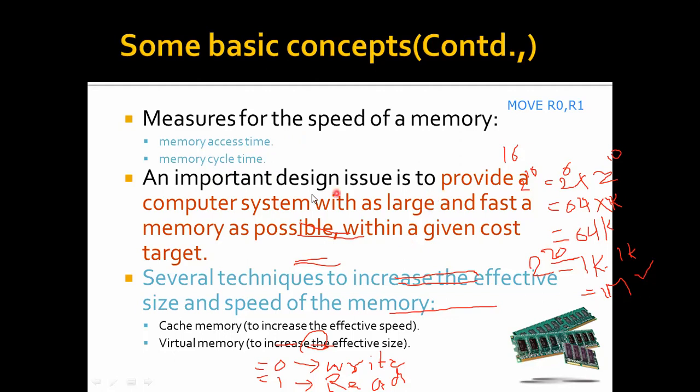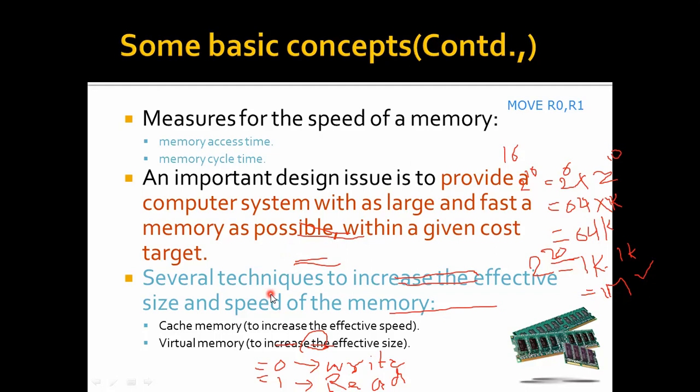Provide a computer system with as large and as fast a memory as possible within a given cost target. Always we are trying to speed up the execution process and keep the cost low.